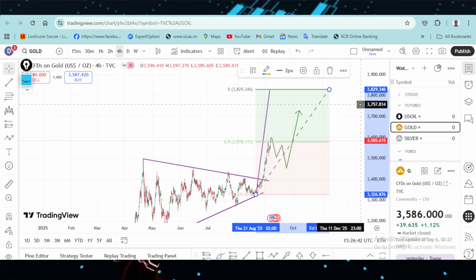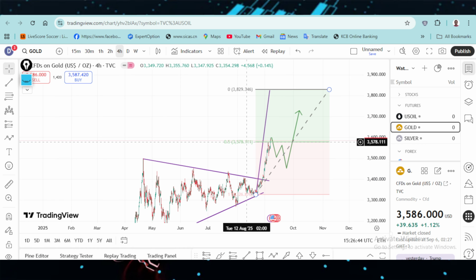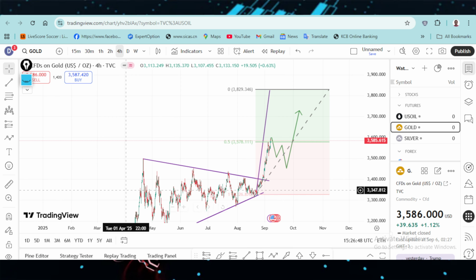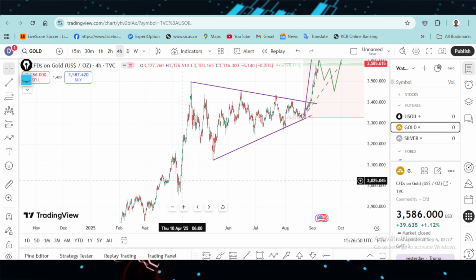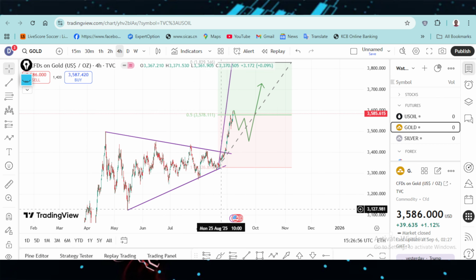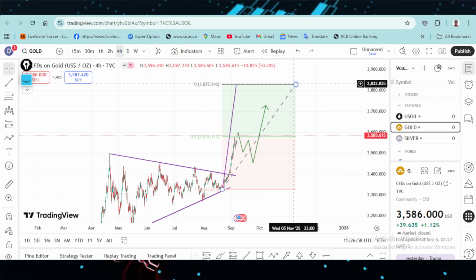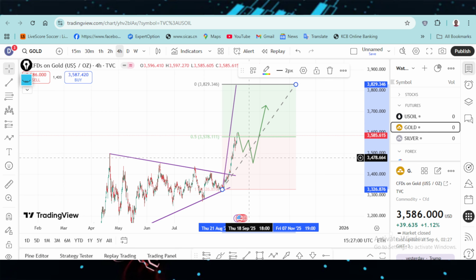Exactly 50%, you see? 50% of the initial move that happened in April. So we need a correction before we can go to the upside.